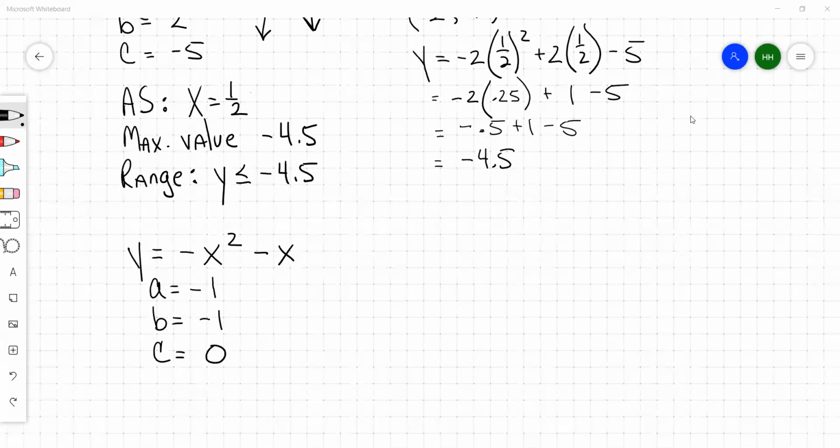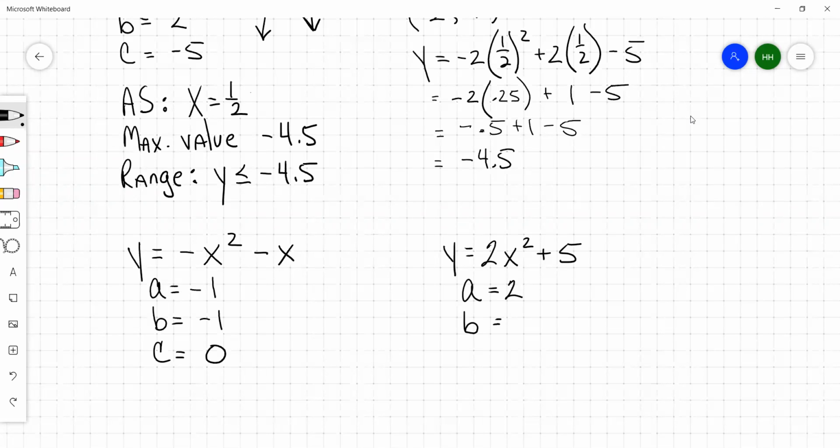For an equation like y equals 2x squared plus 5, what's your A value here? Now, do you see how there's nothing in the middle there in front of the x?